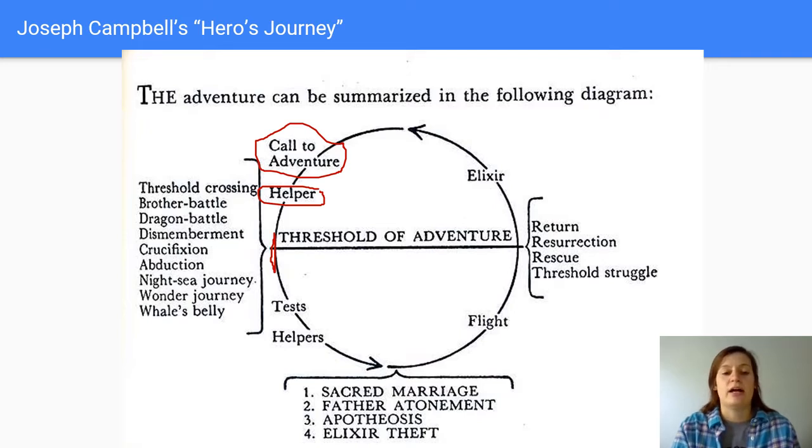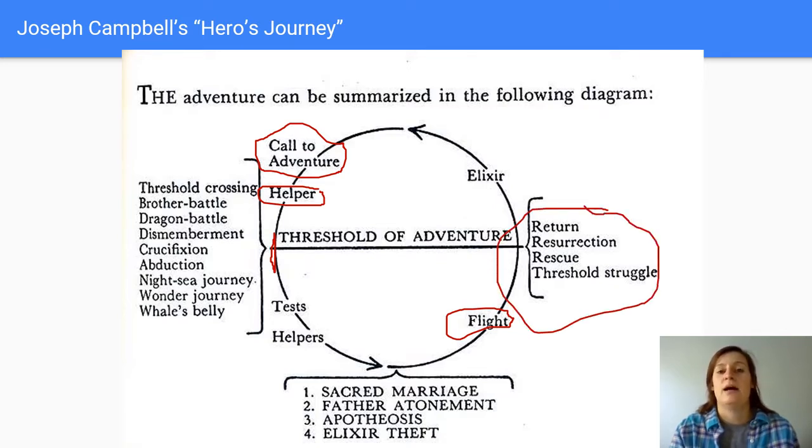Here are some other aspects that might be in the story, and then over here we have the flight, where the character may be concerned that they are not able to accomplish this thing that they're doing, and then we have this moment where they finally are able to overcome whatever task it was, and then they return back into the real world. Okay, and then of course it could start over again.